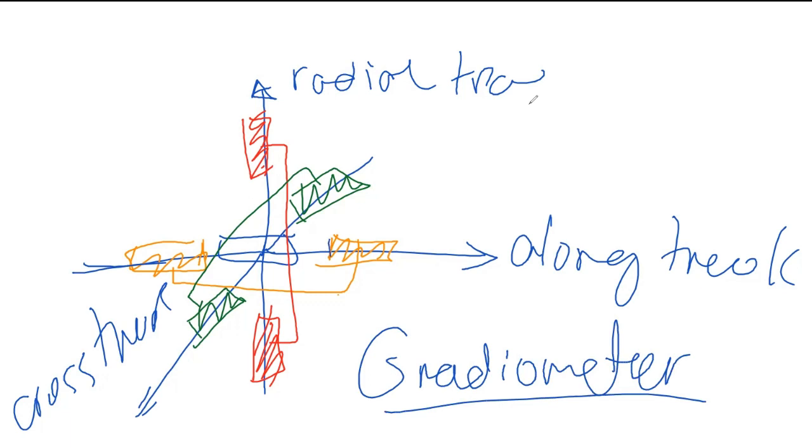So the gravity gradient is nothing else than the difference between two accelerometer measurements. The distance between these two accelerometers along each line is known, around 2 meters, I think.